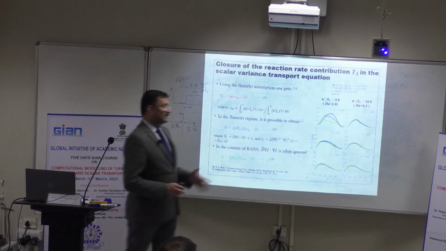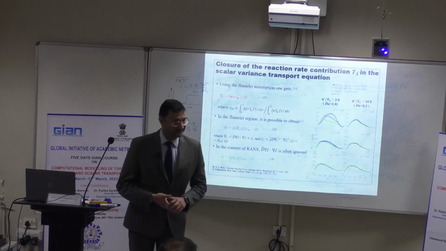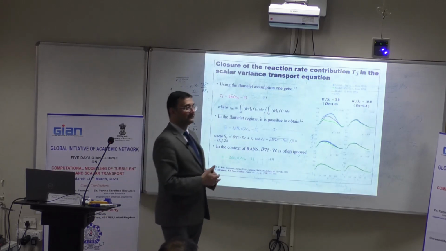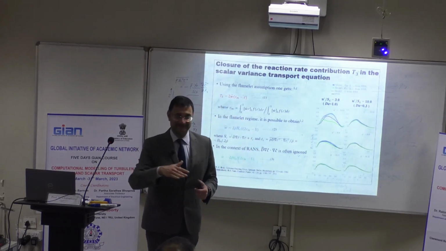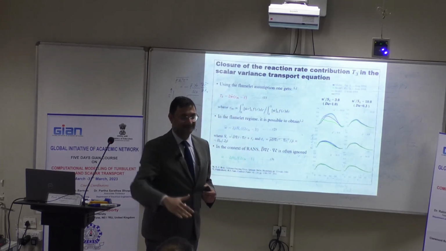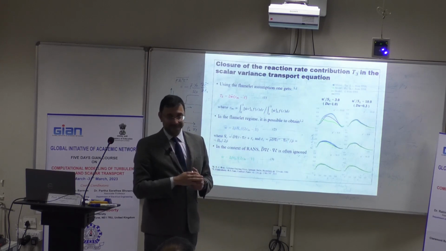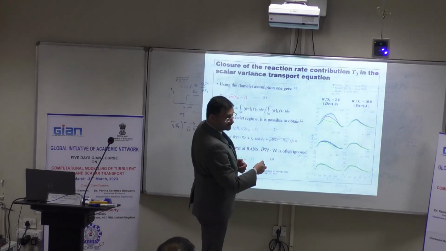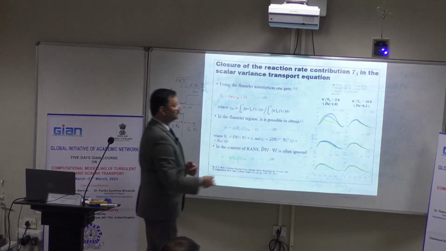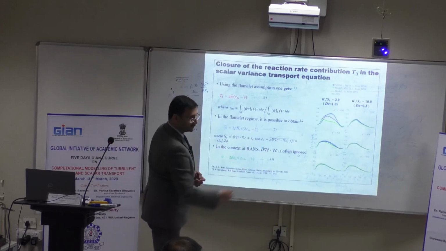So essentially, the model works for highly turbulent conditions. If G star is negative, that means there's a stable stratification. It tries to kill turbulence. It basically tries to relaminarize them. Okay? When the turbulence effects are weak, then there are some variations. For higher turbulence intensities, where turbulence effects are strong, it works pretty well.